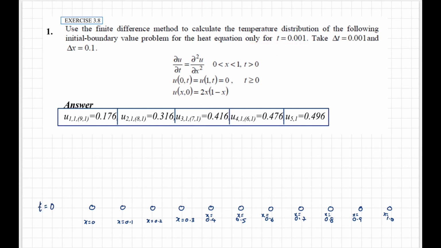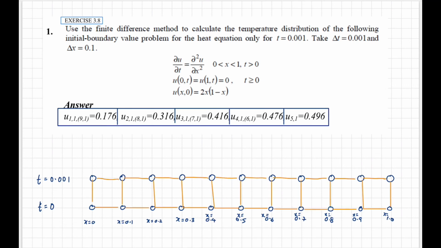So T equal to 0 and then T equal to 0.001. Okay, so now let's connect this. Then the boundary condition, the yellow point here is equal to 0, and then the green point is the initial condition, initial temperature, and you have to find the value of the red point.